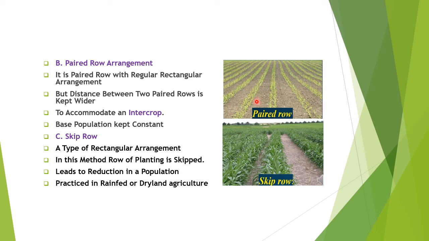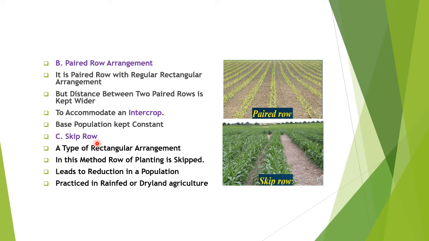The distance between the two pairs is kept more, wider, to accommodate an intercrop. This area can be used for an intercrop or interculture, but the base population is kept constant. Only the space is kept between the paired rows.